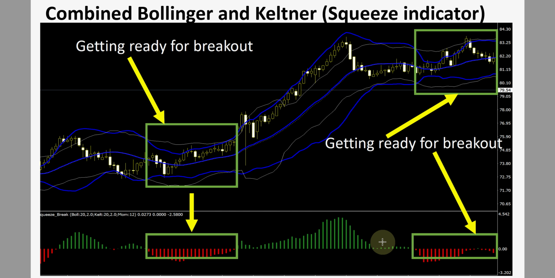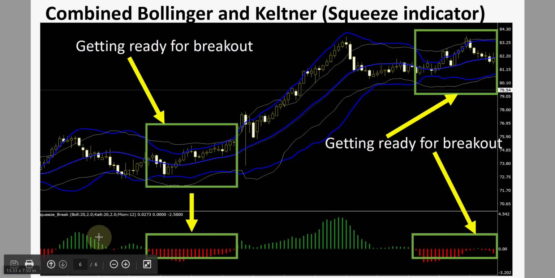Now we combine Bollinger and Keltner together for breakout trading. So we want to get ready for breakout. You can apply this squeeze indicator, the one down here, directly to the charts that you are trading, but it is extremely effective when applied to a higher time frame.